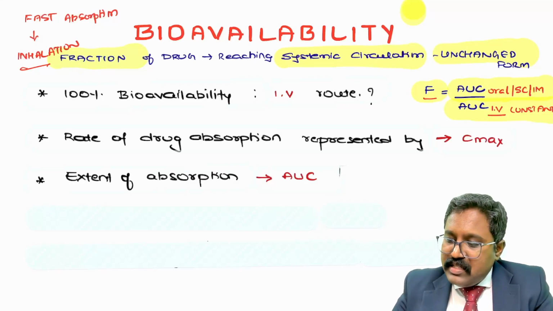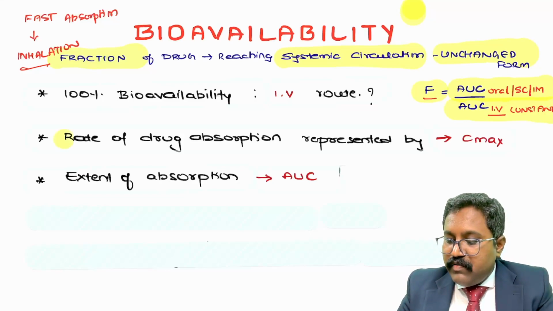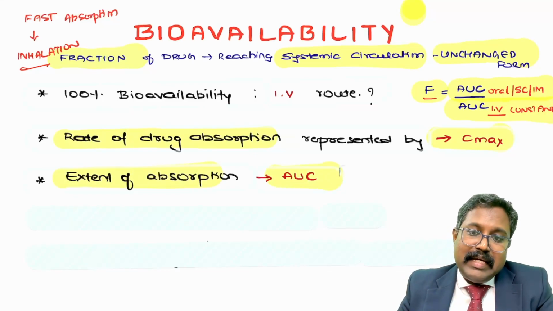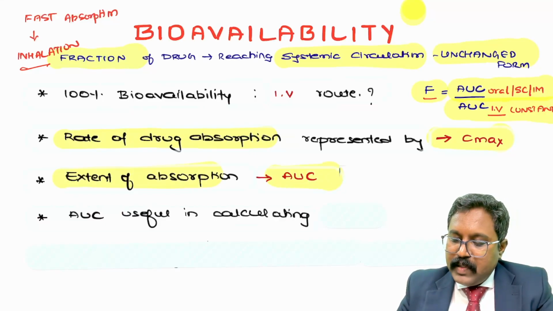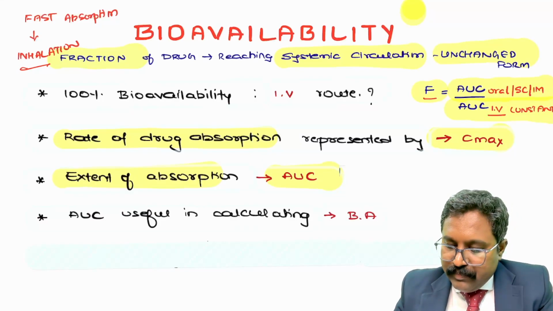So please remember, these are very frequently asked MCQs. You should never forget. And the area under the curve is very useful in calculating the bioavailability of a given drug.